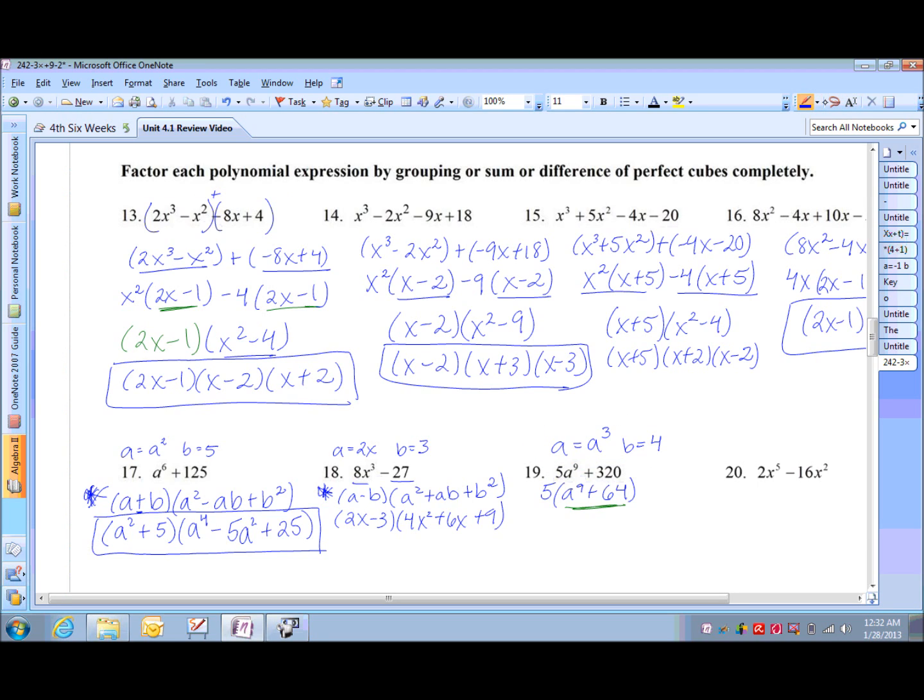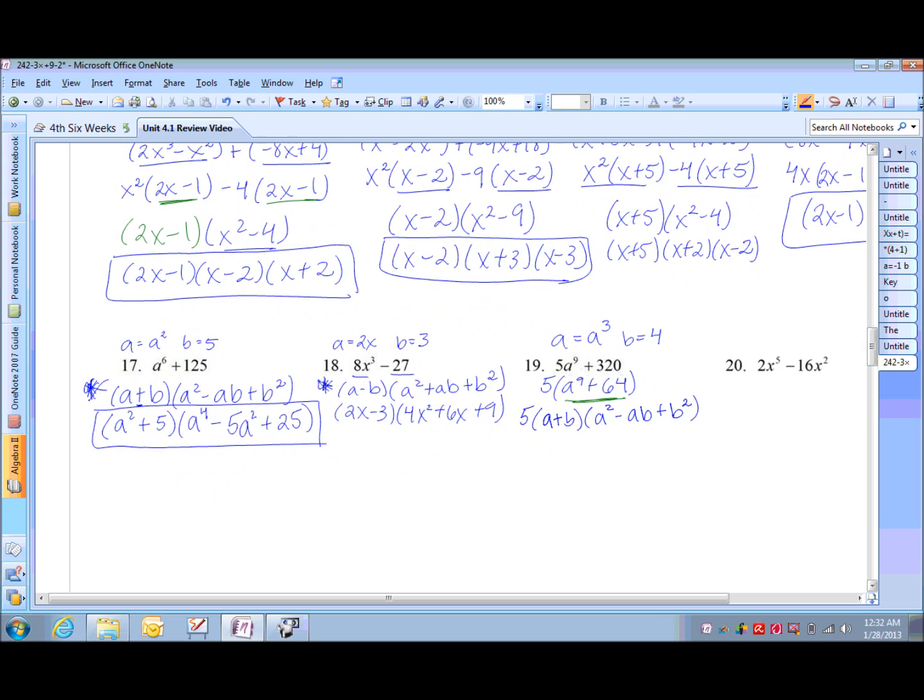Since it's a difference of perfect cubes, we use the difference of perfect cubes factoring formula. Oh, I'm sorry, it's the sum of perfect cubes. So it's going to be a plus b times a squared minus ab plus b squared. And don't forget to bring down that 5.